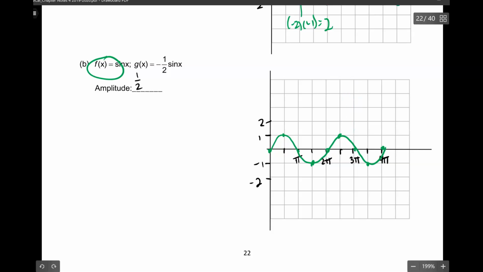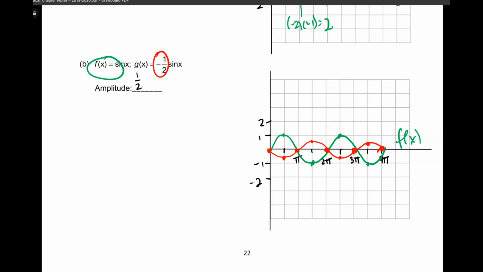That's the way I labeled it. So this is my f of x. And then if I want to take g of x, I multiply every single thing by negative 1/2. So all of my zeros are still going to be the same. The difference is I'm flipping it across and shrinking it by a factor of 1/2.